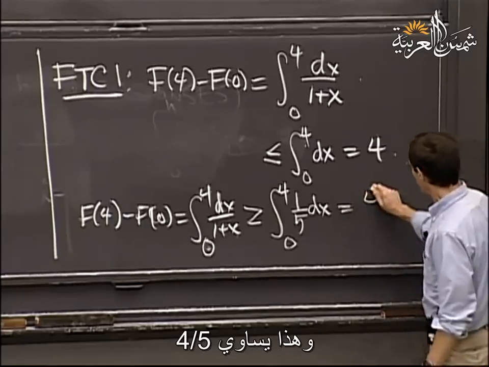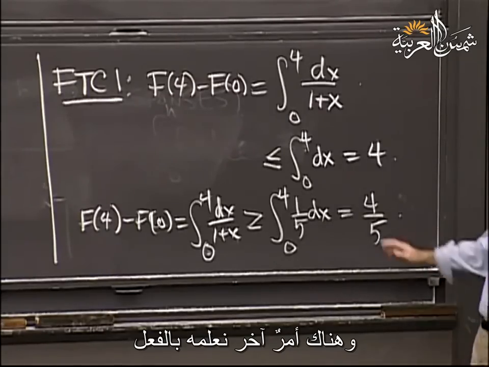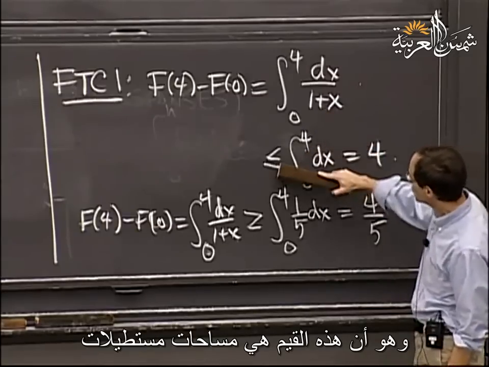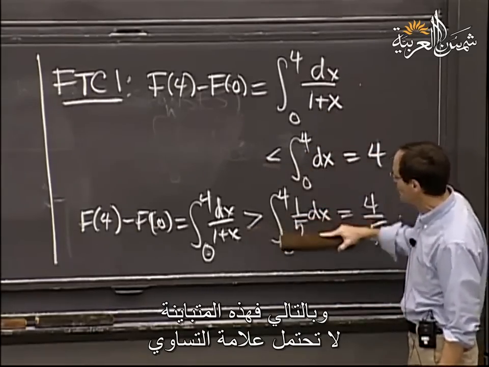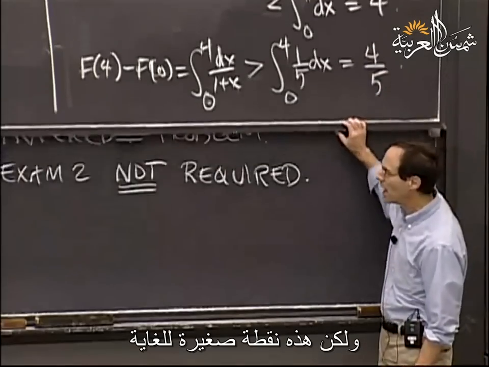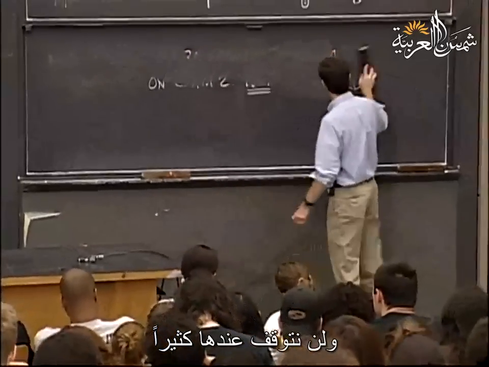And that's equal to 4/5. Okay? Now, there's a little tiny detail, which is that really we know that this is the area of some rectangle, and this is strictly smaller, and we know that these inequalities are actually strict. But that's a minor point, and certainly not one that we'll pay close attention to.